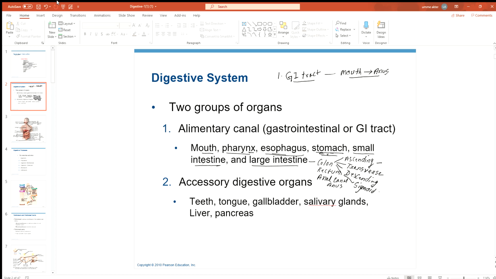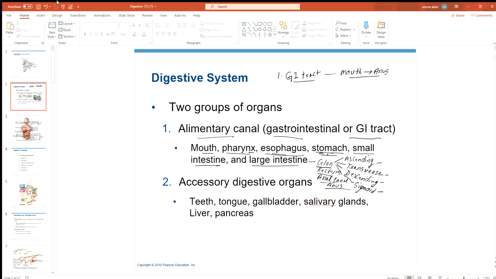So ascending colon, transverse colon, descending colon, sigmoid colon, and then you have the rectum, anal canal, and anus. Okay, so these are the parts of that long tube from the mouth to the anus, and that is called the GI tract or gastrointestinal tract or alimentary canal.